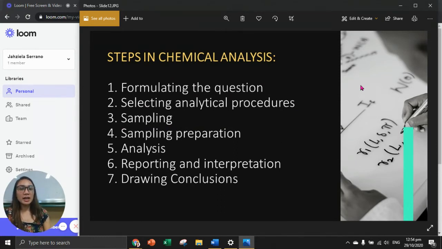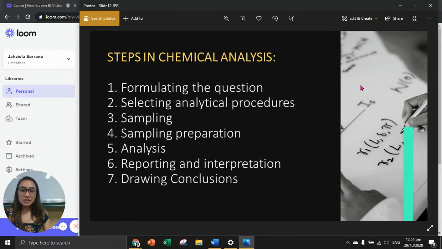Ano ba yung i-identify mo na experiment. And then second is selecting analytical procedures. So dito parang methodology, no? So ano ba yung gagawin kong method para ma-analyze yung number 1? And then third is you need to have samples, sampling natin, you have to determine.